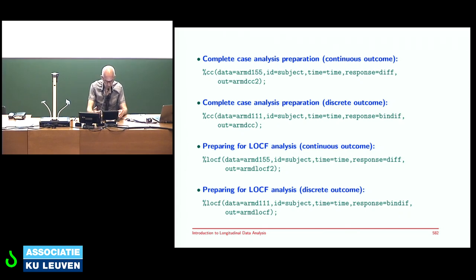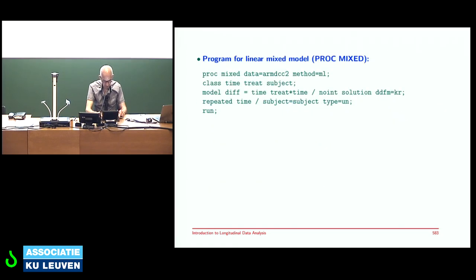Let's do a complete case analysis on the continuous outcome, and let's do one on the discrete outcome, because remember, we have the number of letters we can read, which we consider continuous, but we also have whether or not we have increased vision. And then we do the same for LOCF, yes or no. Okay.